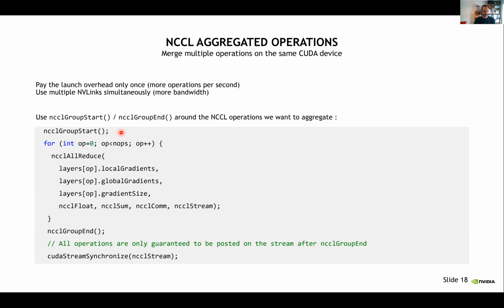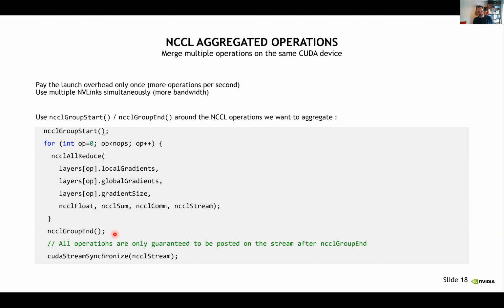The basic idea is that if you know that there are multiple NCCL communication calls that can happen at the same time, it makes sense to tell NCCL that. And that is done by putting them between an ncclGroupStart and ncclGroupEnd.